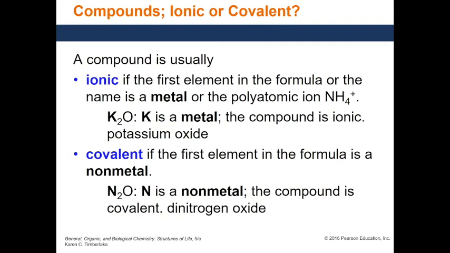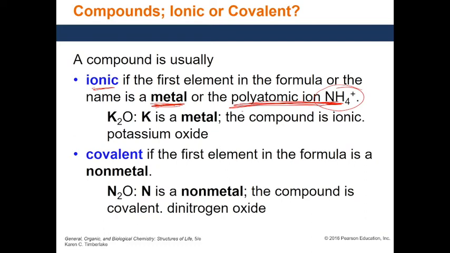Okay, the next thing we'll see is how you can actually identify if a compound is ionic or covalent. We have already seen that ionic basically means it will consist of a metal and a non-metal, or it will consist of a polyatomic ion, which is ammonium ion, no other ions.